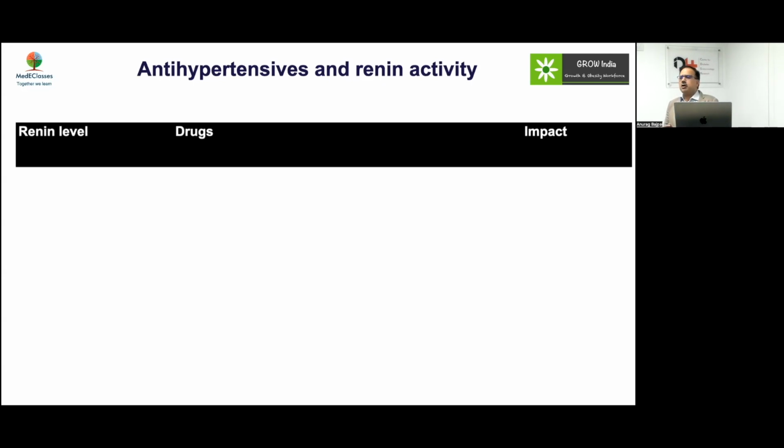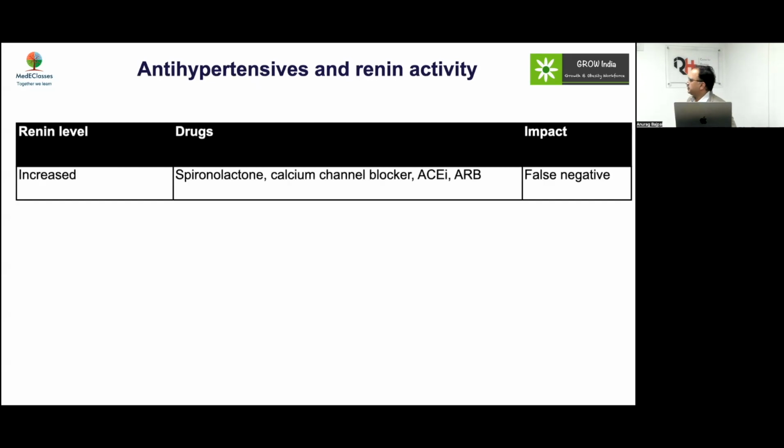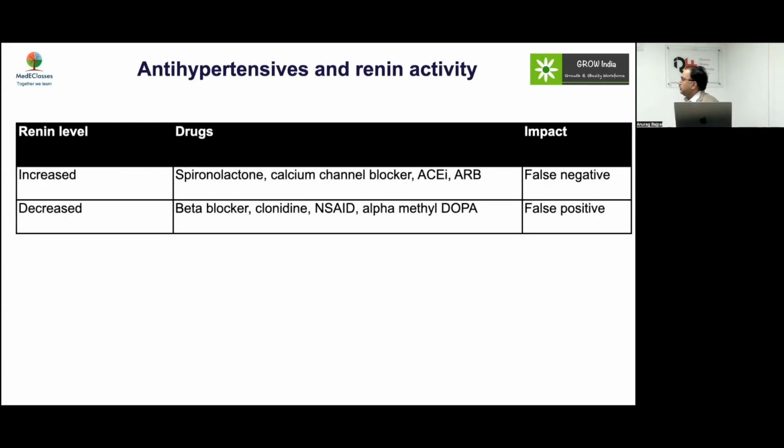Now, another very important problem in these scenarios is that many of these patients are already on many medications. So what is the impact of those medications when you are assessing the aldosterone-renin ratio? Because otherwise, you will get a false positive or a false negative result. So if you have intake of calcium channel blockers, ACE inhibitors, ARB and spironolactone, all of them will suppress in a way aldosterone activity.